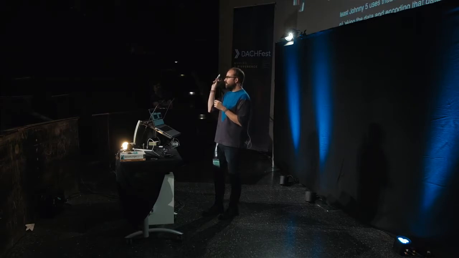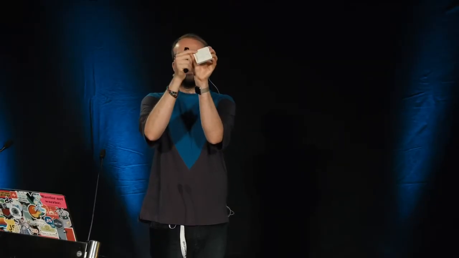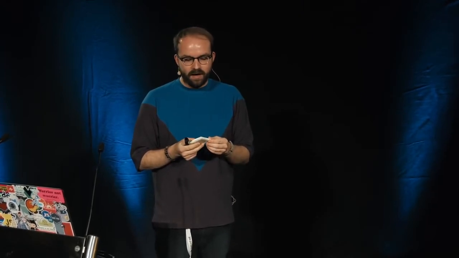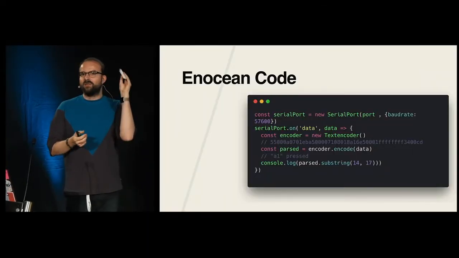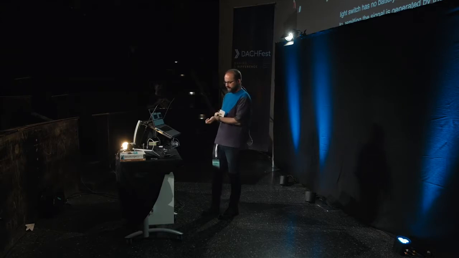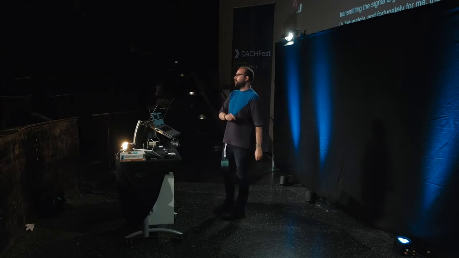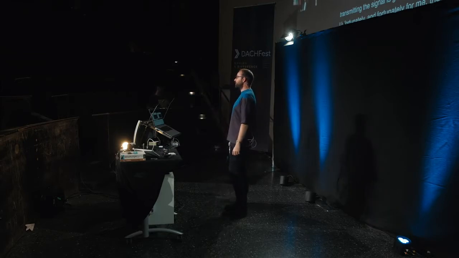The Enocean protocol is extremely well designed. That light switch here has no battery. All the power that it needs for transmitting the signal is generated by the kinetic press of that button. Unfortunately, and fortunately for me, the power generated by this kinetic press isn't enough for any cryptographic things.